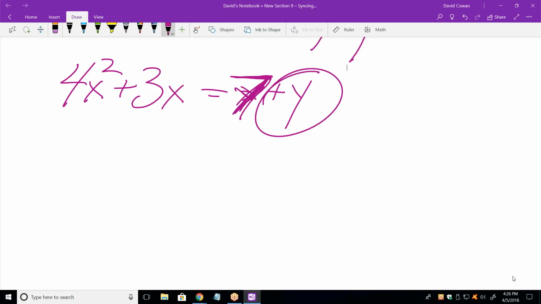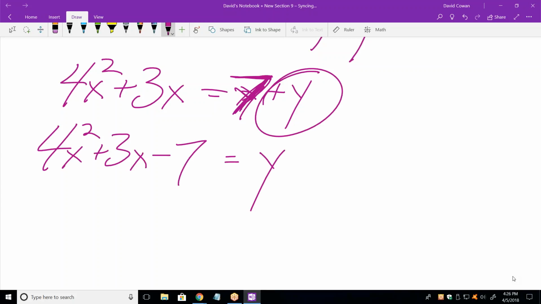Okay. So I want to get that 7 on the other side, and you're right. That is a parabola. It's not a parabola where I can factor out a greatest common factor. The only way I would be able to solve for the zeros of that would be to set it equal to 0 and see if I could factor it. And it doesn't look like it factors. Oh, yes, it does. Yeah, we could factor that one.